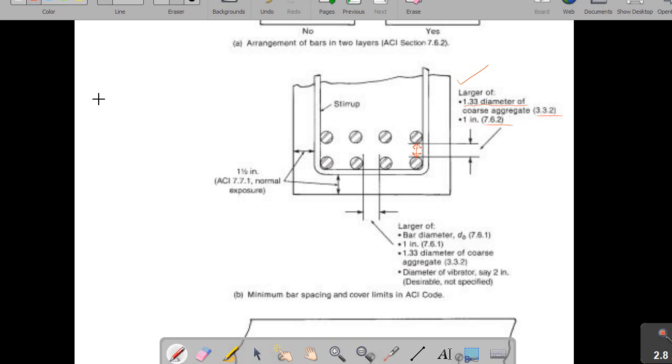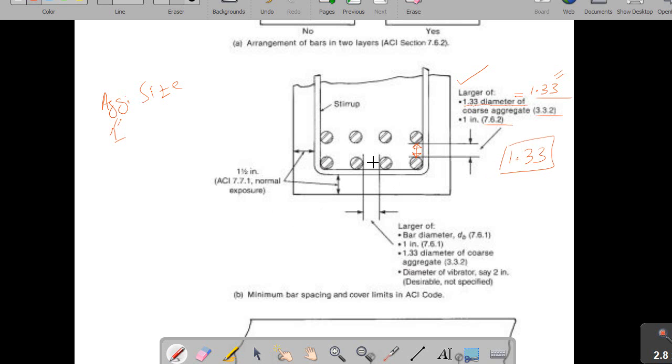If we assume the maximum aggregate size is 1 inch, then this spacing will be 1.33 inches. So we will select the vertical spacing as 1.33 inches, right?